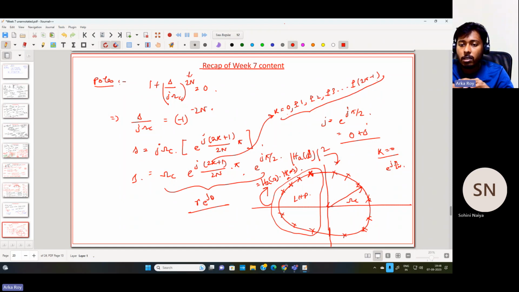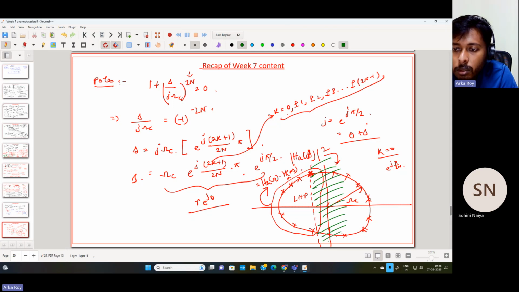And because the poles are lying in the left half plane, the ROC will consider the farthest pole location, and from the pole location I can get the ROC like this. So this will give you a causal system, because in case of any filter we try to find a causal and stable representation.